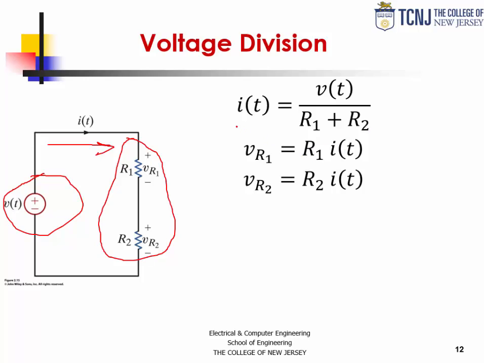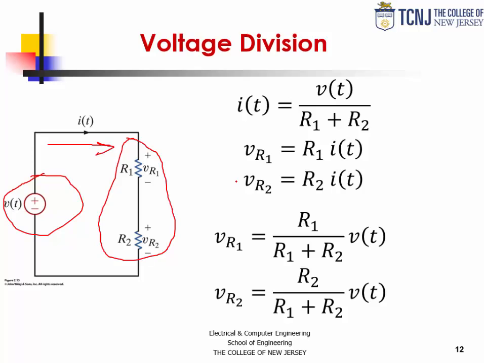Now, if I substitute this current back into these equations that were just the expression of Ohm's law for each of the resistors, I can say that the individual voltage across each of the resistors is equal to that resistance divided by the total resistance times the total voltage. So in essence, we're saying how much each resistor is dividing the original voltage across it.